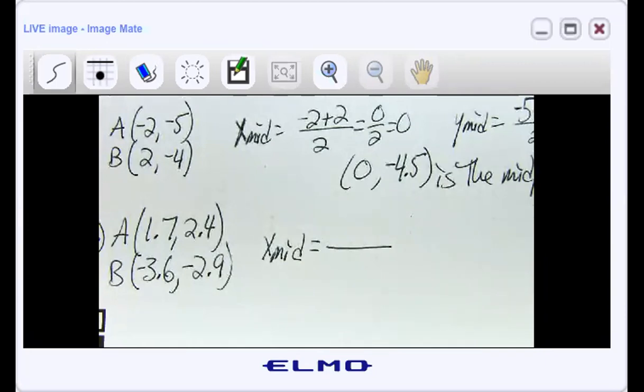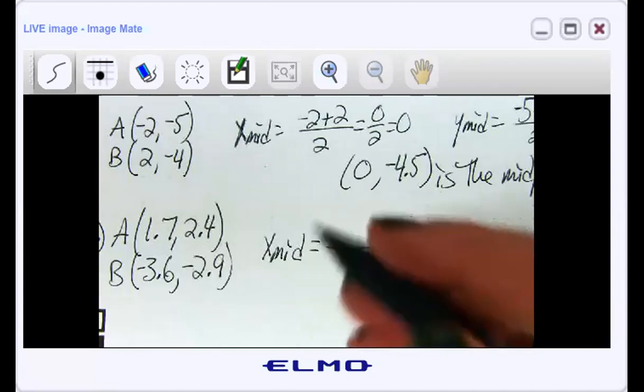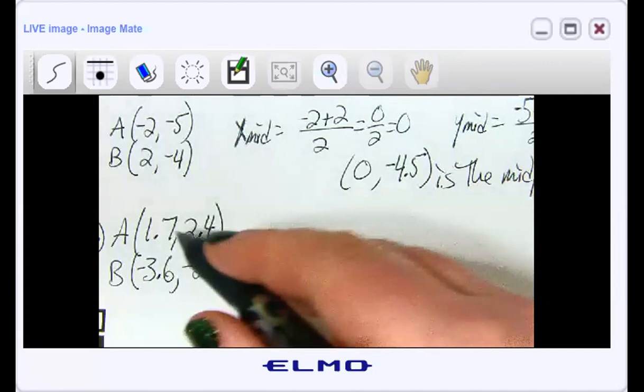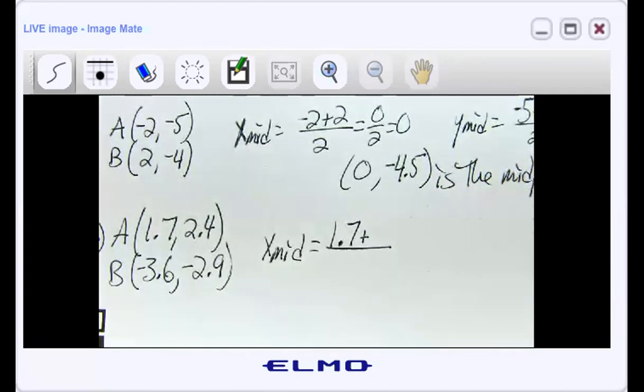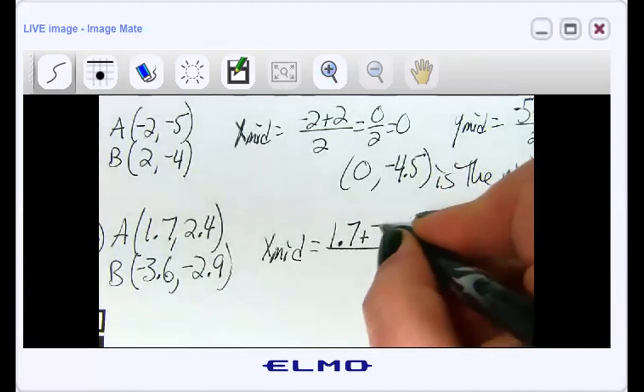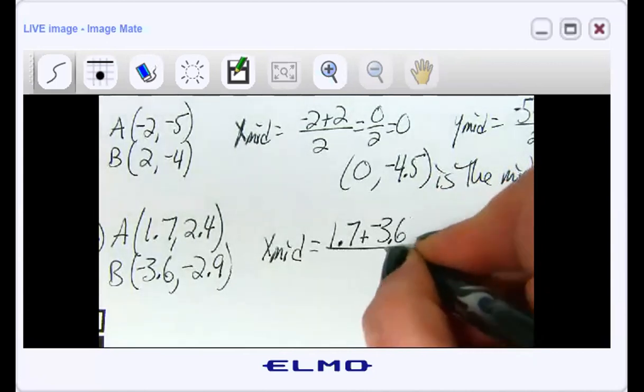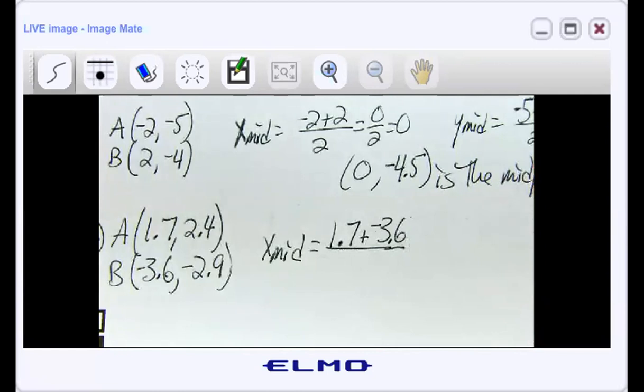-1. You're close. So here's x of the midpoint. I'm going to add my two x's together. I have 1.7 plus a negative 3.6, right? And whatever I'm adding together, it doesn't matter what those numbers are, I'm always going to divide by 2.